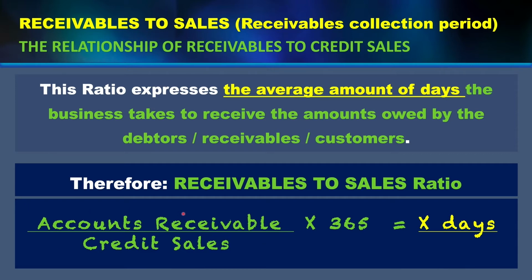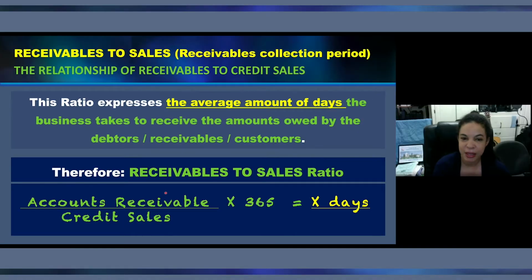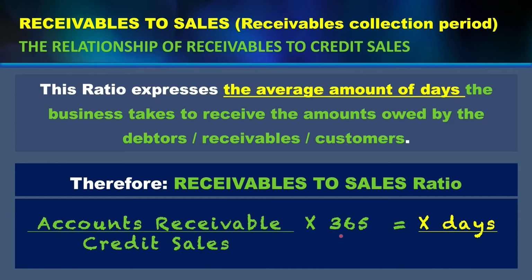It's only when the business sells to the customers on credit that they become receivables. So it's the accounts receivable over your credit sales, multiplied by 365, because we are expressing this as the average amount of days. There are 365 days in a year.